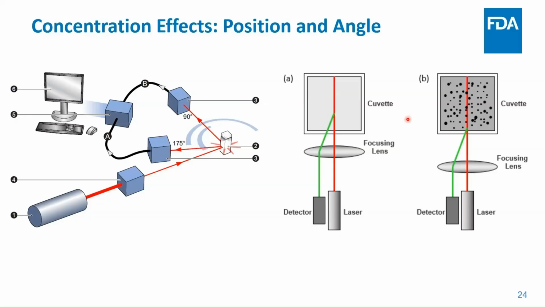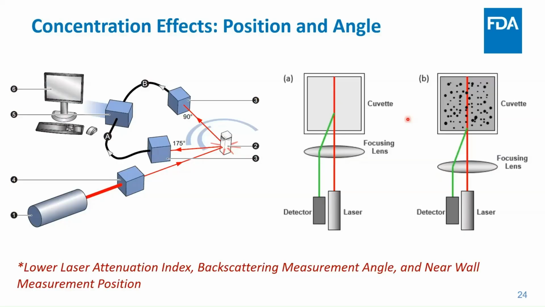And so the three major things that you'll see when people are measuring concentrated samples is either they change the laser attenuation index, so it usually goes to a lower value, they usually switch to a backscattering measurement angle, and they'll usually use a near wall measurement position.